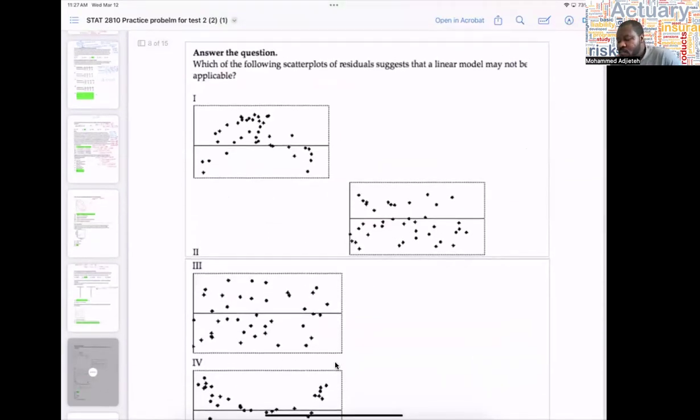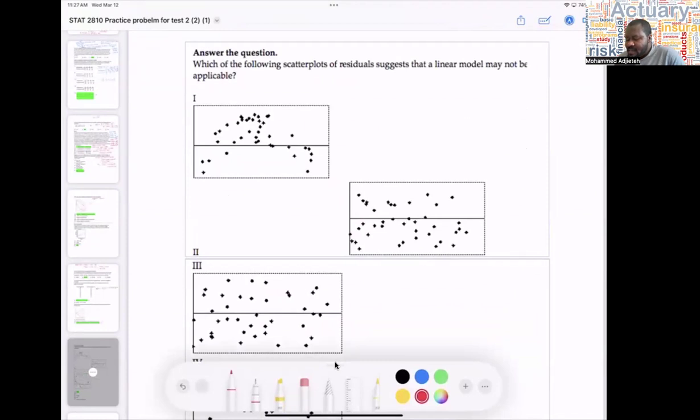Here, which of the following scatter plots of residuals suggests that the linear model may not be applicable? All they are trying to ask is which of these scatter plots of the residuals shows that the linear model may not be appropriate. So what can we see? This looks okay, but this one is looking like this.